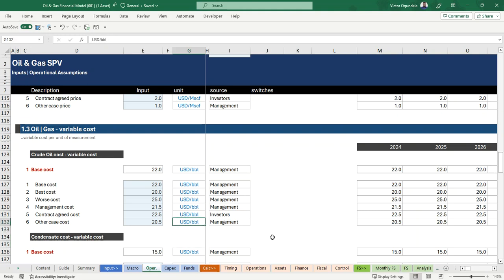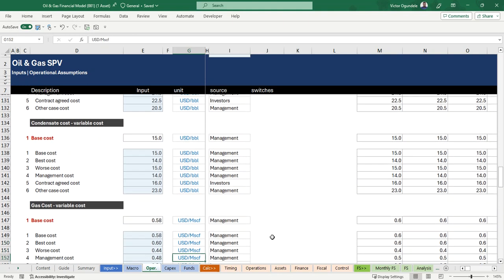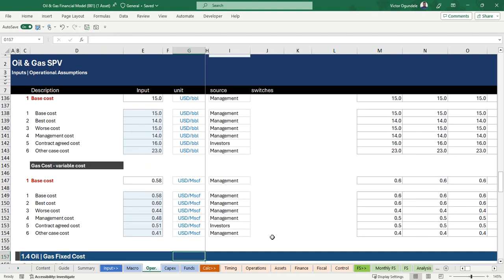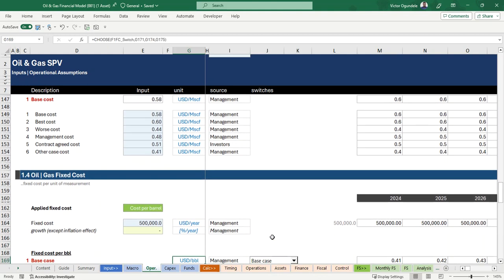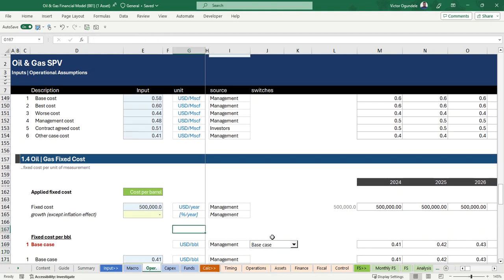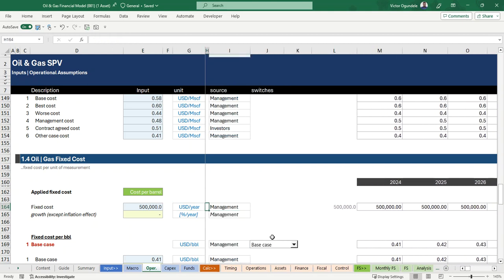So you can see each scenario as well. Then for our condensate, the same thing, as I said, maintaining the same structure. For our gas also, we have those variable costs listed. Now for the fixed cost, we actually make use of two options. First, the fixed amount: this is the fixed amount we hope we'll be spending on an annual basis over the forecast period, so you can see USD per annum.